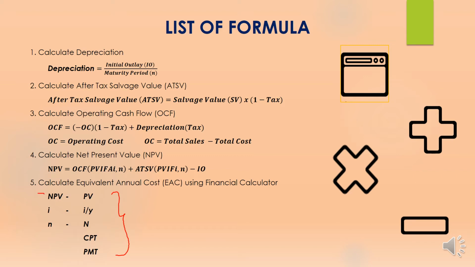Then I/Y, where the information required is I, the required rate of return, and then N, the maturity period of the project. Then compute PMT, and you will get the answer of EAC.